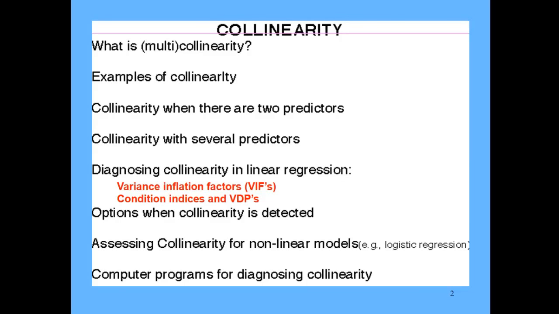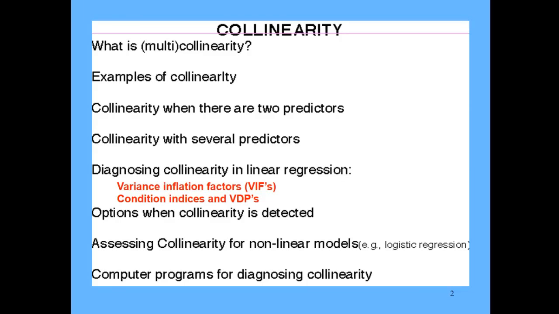But these things happen. Okay, so what I want to do here is talk about, I'm not going to finish this today, but I want to talk about what is collinearity and what we mean by multi-collinearity. I want to show you some examples. I want to talk about collinearity in a simple situation where you only have a model with two predictors. I'm going to talk about collinearity primarily for logistic regression, but I'm even going to consider linear regression because that's where most of the work was done.